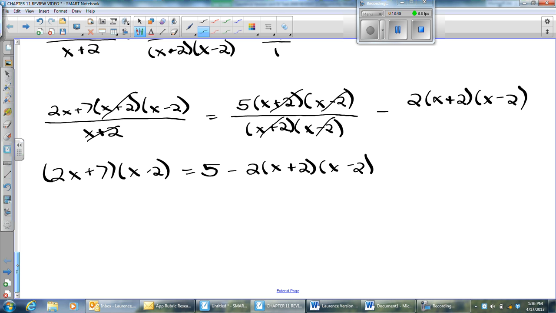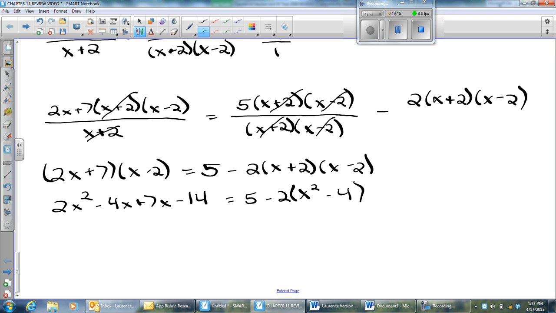So over here, we're going to FOIL and we're going to get 2x squared minus 4x plus 7x minus 14. Over here, we have 5 minus 2 times x squared minus 4.